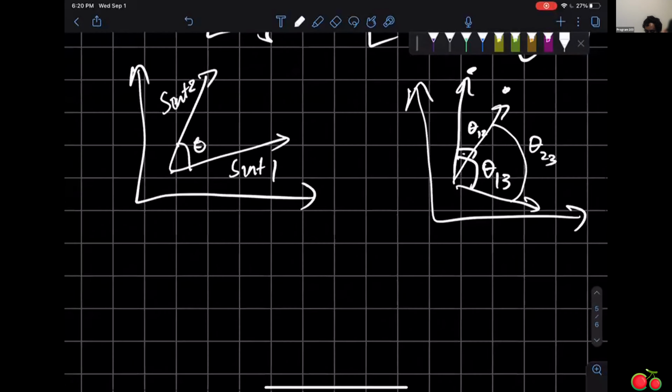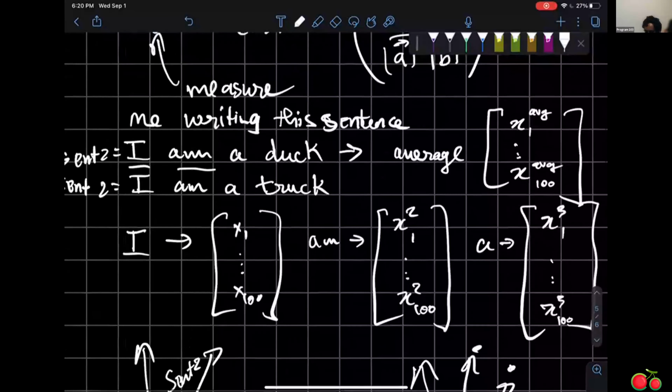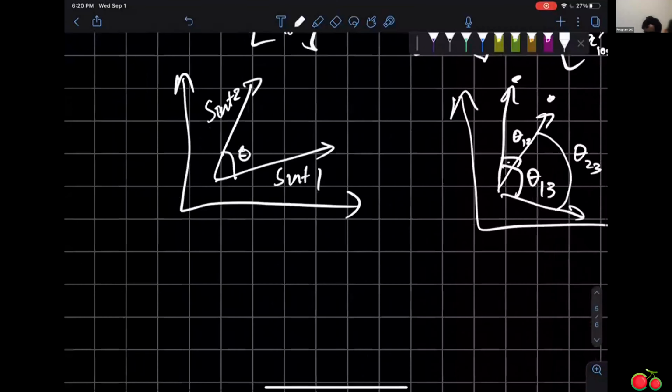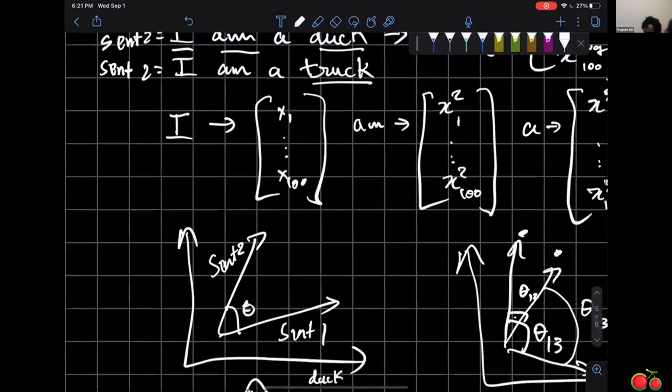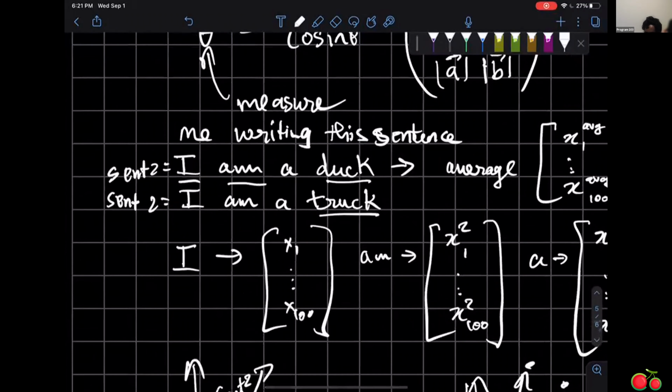Okay, you can do this with words as well. So if I look at duck and truck, if this is my word duck and this is my word truck, these are going to be close by, because if you look at the 3 sentences that I have, I am a duck, I am a truck.